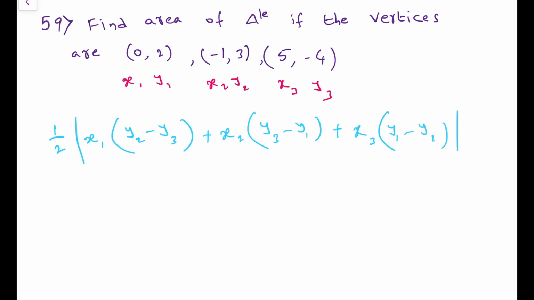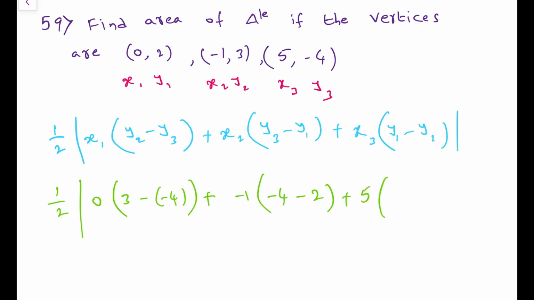Let us substitute now. Half as it is, mod, x1 is 0 into y2 is 3 minus y3 is -4, plus x2 is -1 into y3 is -4 minus y1 is 2, plus x3 is 5 into y1 is 2 minus y2 is 3.